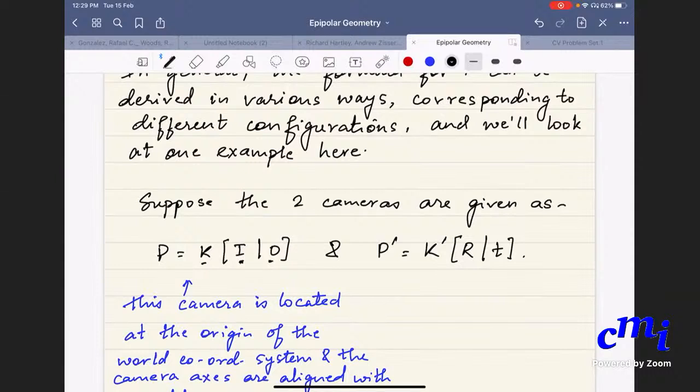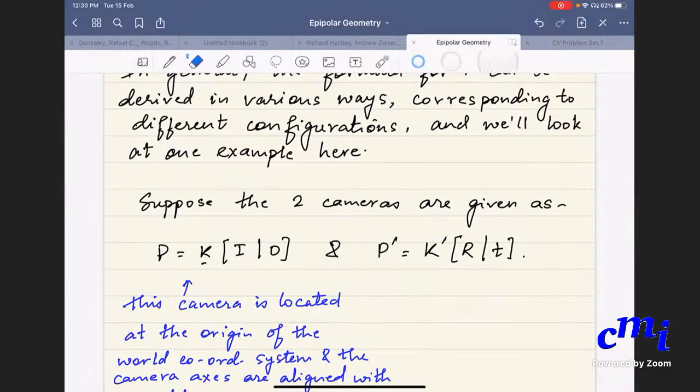Okay. So that is sort of, for a reference camera, the best position. In two view geometry, the best or easiest position for a reference camera is that the reference camera is at the world coordinates. Okay, which means there is no translation from world coordinates to camera coordinates. There is no rotation.